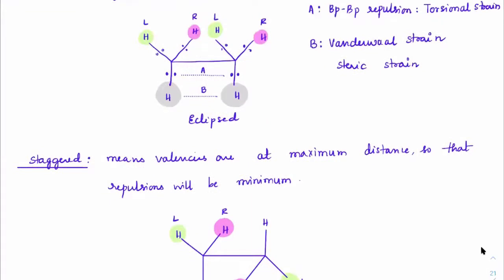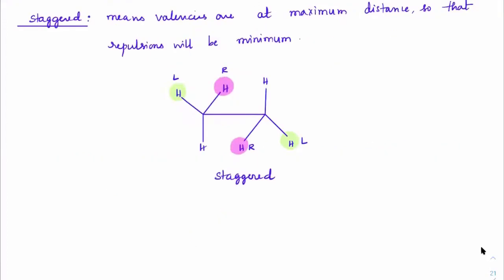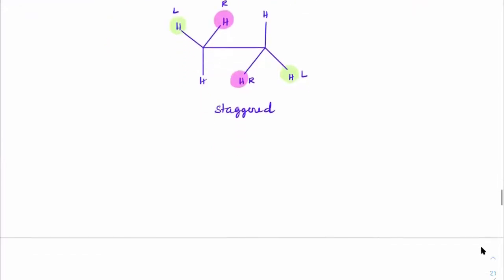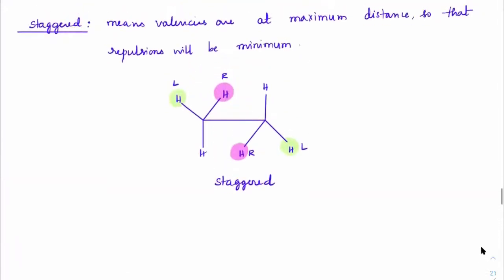Two groups are aligned on the same side. Got it? Now there may be van der Waals strain between these two, but that is ignorable. So we are only considering those groups which are side by side or in line. So all of you got that? What is staggered and what is eclipsed, and what are the two types of repulsions? Now, I hope all of you made a note of this.